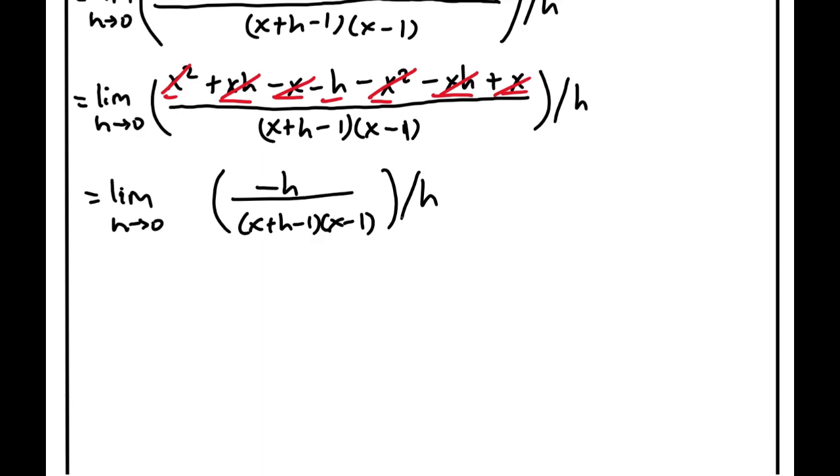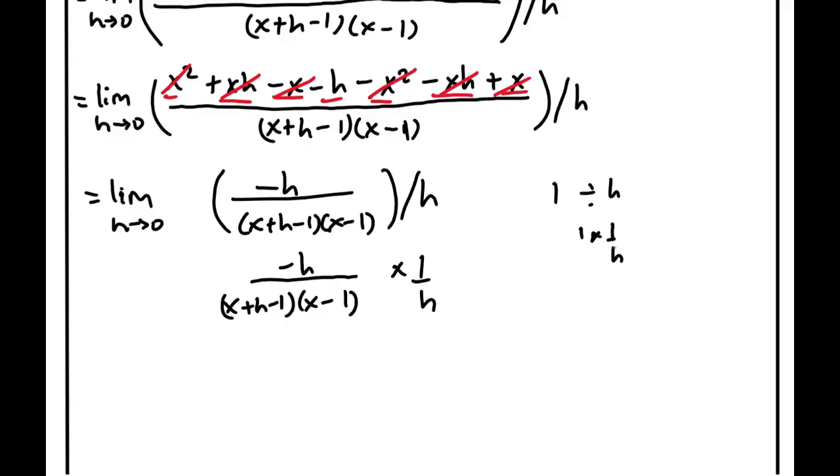Now, this is divided by h, so it becomes multiplied by 1 over h in the next step. So this is negative h over x plus h minus 1 and x minus 1. This division, divided by h, becomes multiplied by 1 over h. This is the same principle we're applying here.